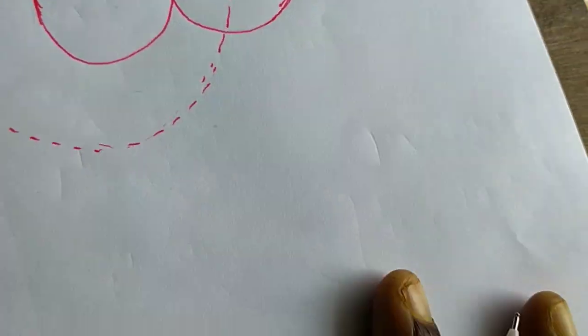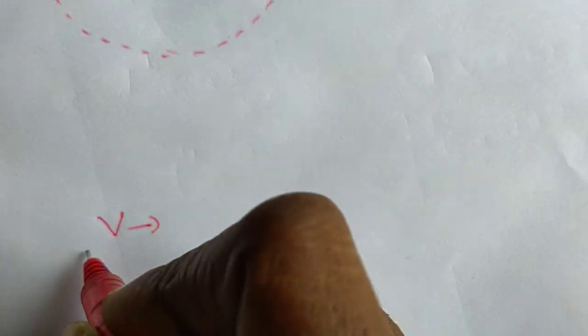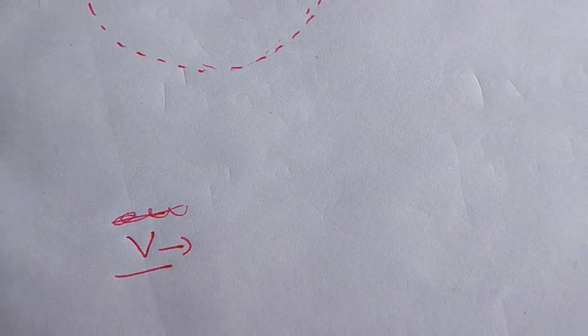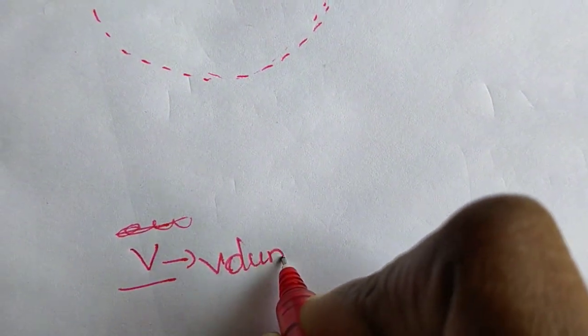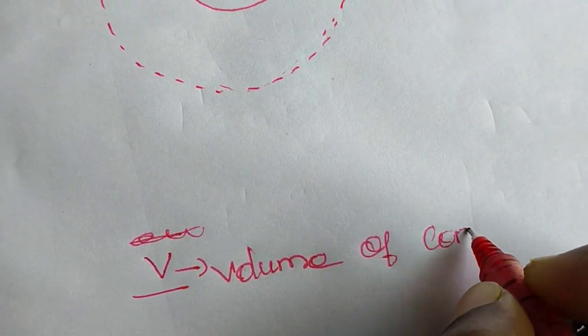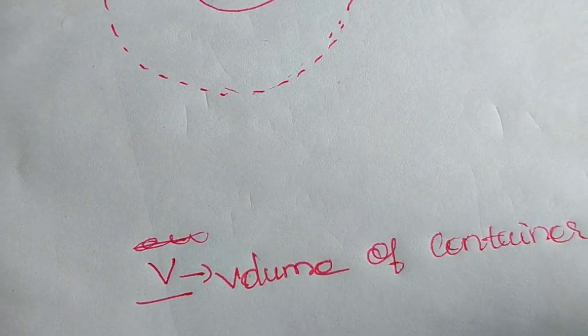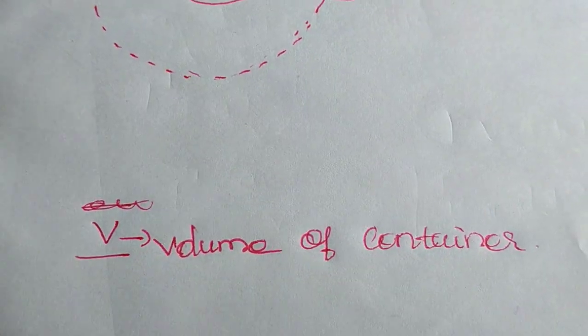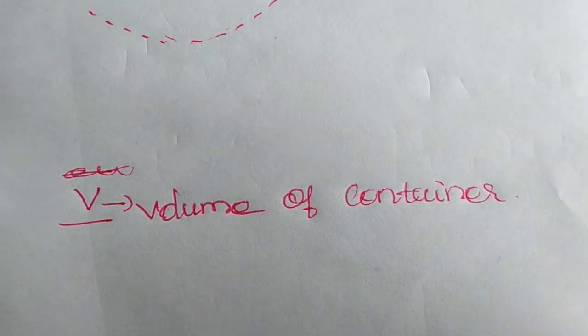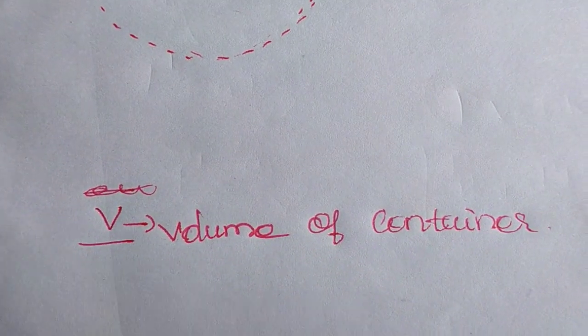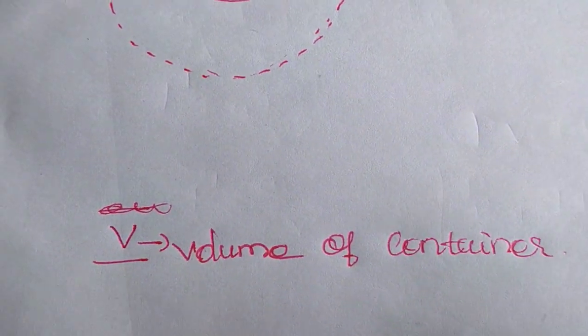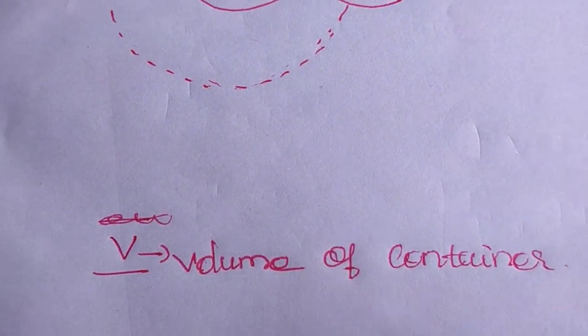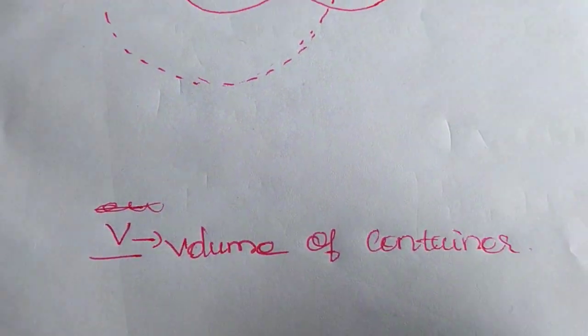Capital V denotes the volume of the container. When you compare the volume of a molecule with the volume of the container, it is less than the volume of the container.